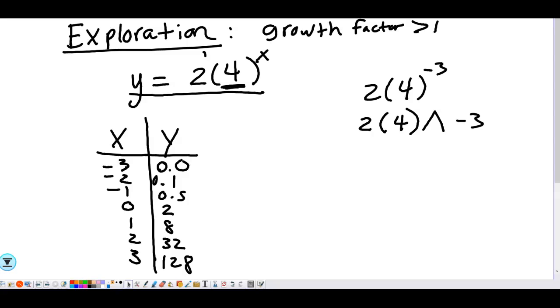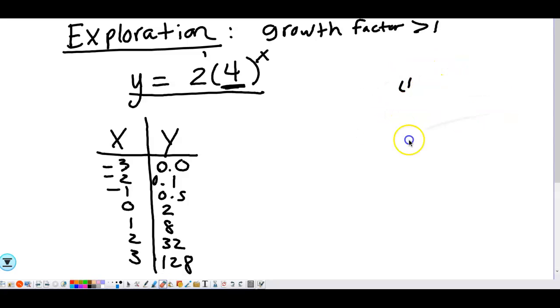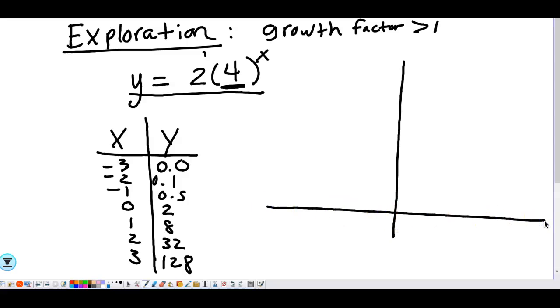I want to graph this data now. So let's go ahead and make an XY chart. I'll do a couple of the points for you, and I'll let you do the rest. Now, look how big the Y values go, right? So on my Y-axis, you don't want to count by ones. You don't want to make 128 marks, do you? That's going to be irritating.